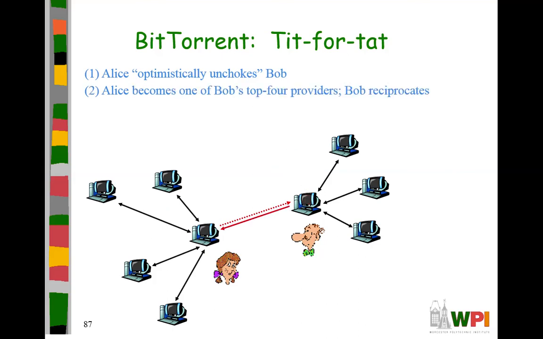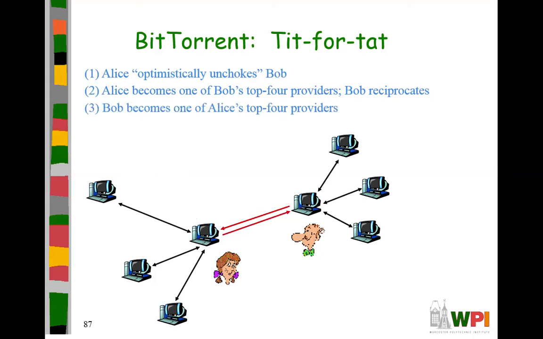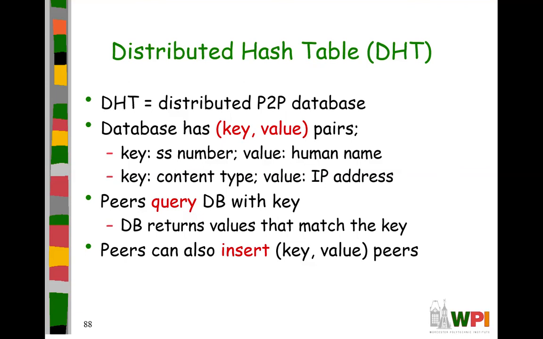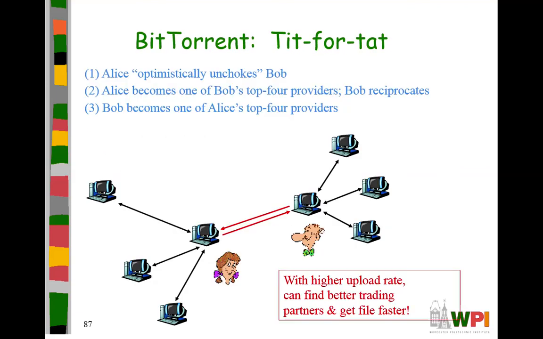When they send files to each other, they are supposed to be good people, so maybe the LS and Bob become good friends, and Bob can become one of its top four. In this way the LS is exploring new neighbors. Okay, so we have discussed BitTorrent in detail.